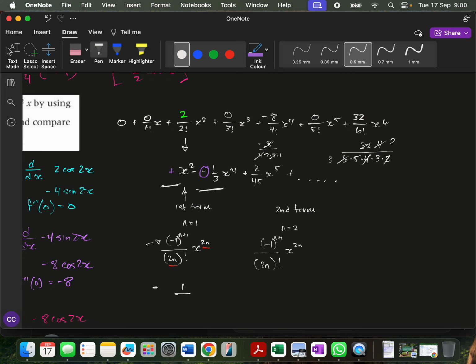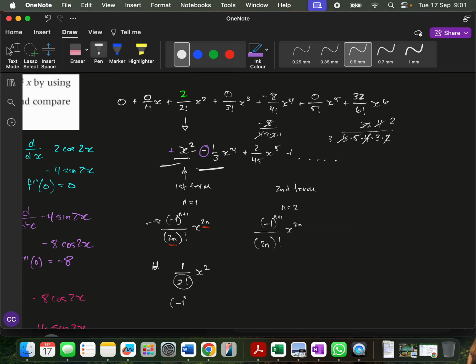So there's a hint here. What would I have to do to get rid of this 2 factorial on the bottom? I actually have to have negative 1, n plus 1, and now I have to have 2 involved in some way, so it would cancel out. And then we'd have x squared.